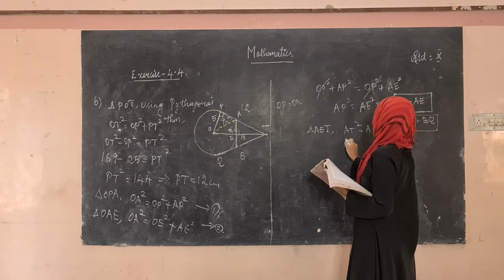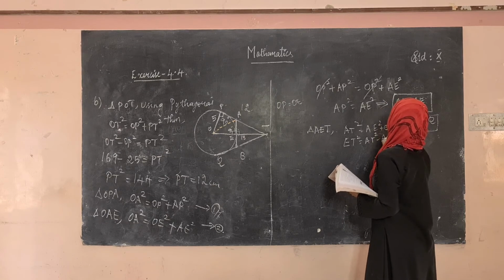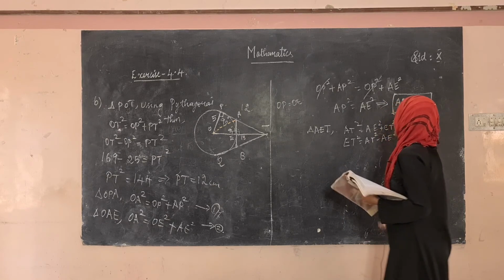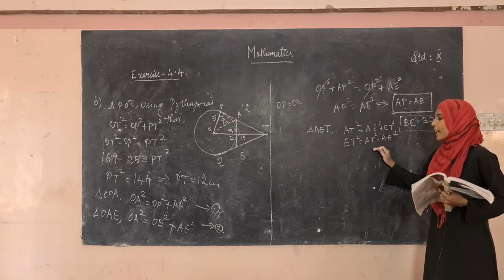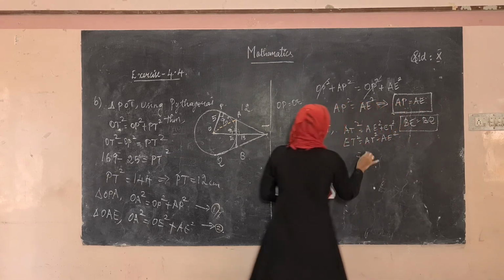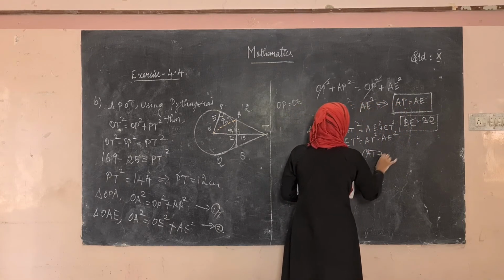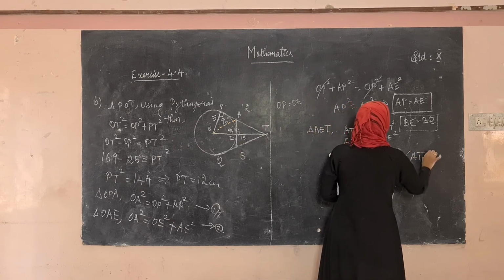Take ET on one side: ET square is equal to AT square minus AE square. It is in the format of A square minus B square, which we can expand as A plus B into A minus B. That is, AT plus AE into AT minus AE.